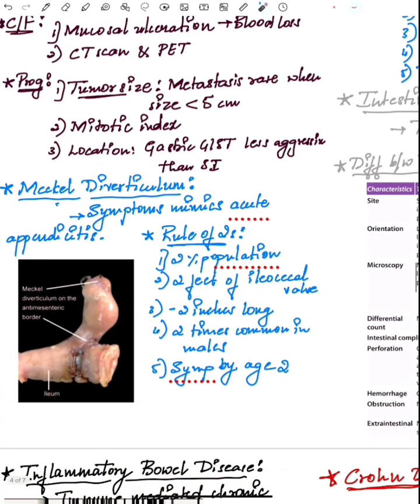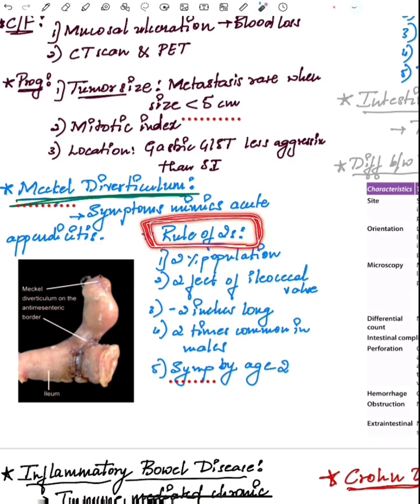Now, the next part is Meckel's diverticulum. In this Meckel's diverticulum, the symptoms mimic acute appendicitis. The rule of 2s is most important in Meckel's diverticulum. It can be asked in NEET PG also. The rule of 2s comprises that it occurs in 2% of the population.